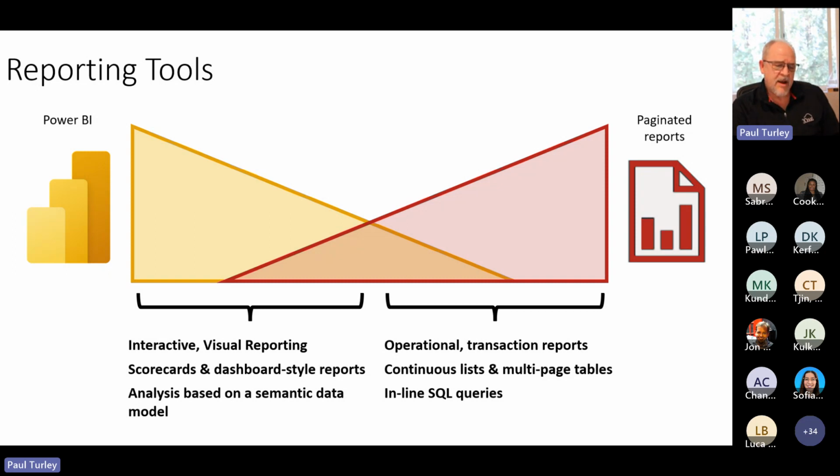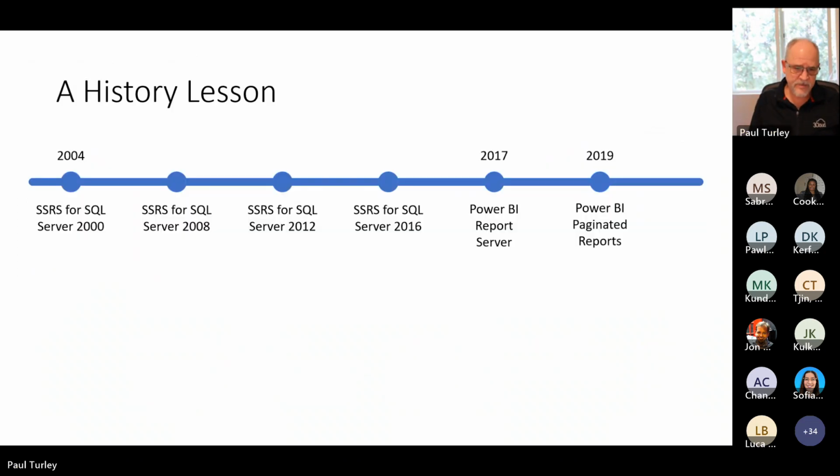One of the characteristics of operational reports is that you usually have multiple pages, whether they're printed or you navigate from one page to another, thus the term paginated report. So there's a real stark difference between those two concepts, yet there's a lot of overlap in between, as depicted in this diagram.